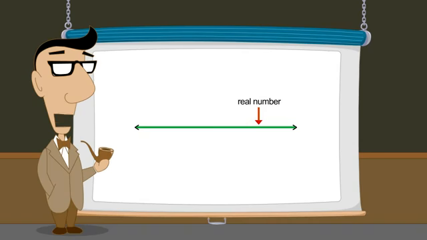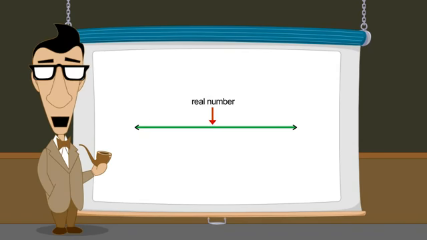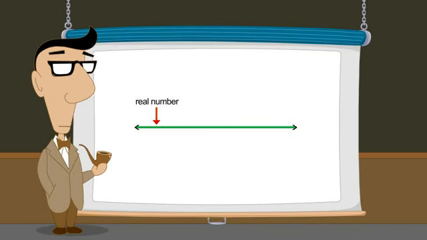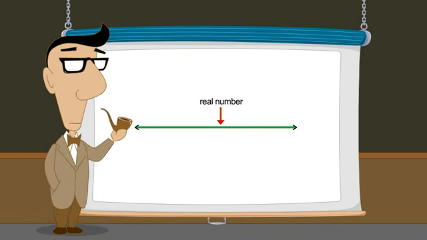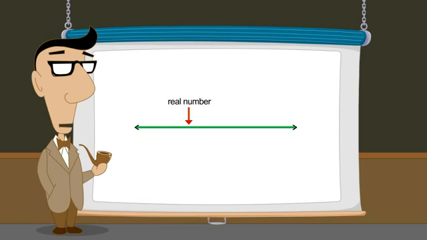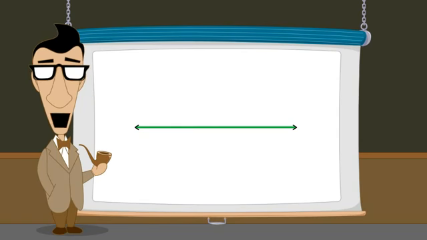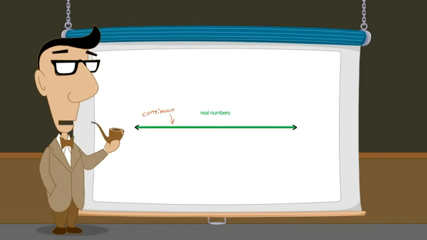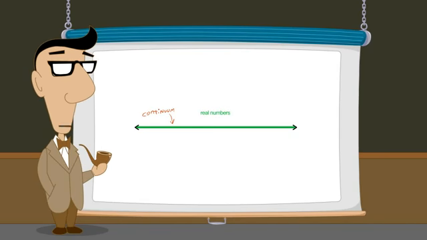If you randomly pick a point on the number line, it will always correspond to a real number. There are no gaps in the real number line. This means that you can move smoothly between any 2 points and never encounter anything but real numbers. Since there are no gaps, the real numbers form a continuum, a property which is essential for calculus.